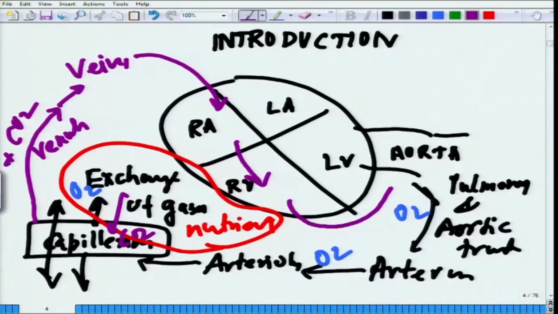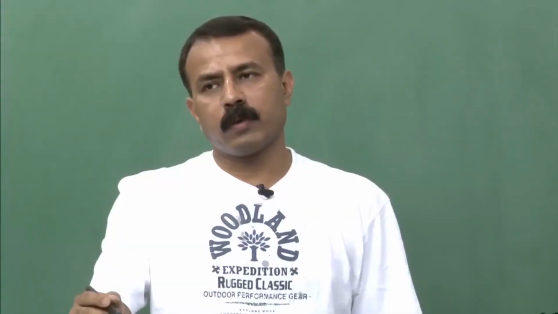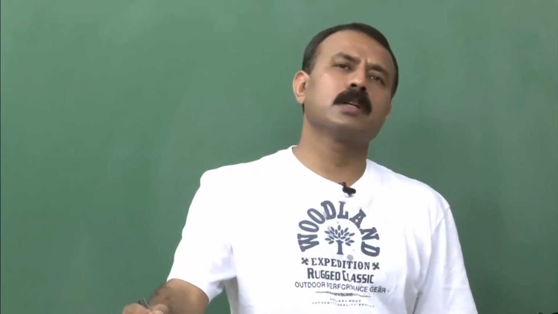From here it moves to the lungs, where it gets purified, and then again the oxygenated blood comes to the left atrium and moves to the left ventricle. So this is how it goes. If you look at the major zone where the maximum exchange of gases and fluid is taking place, that is the capillary layer, and those are very specialized structures.